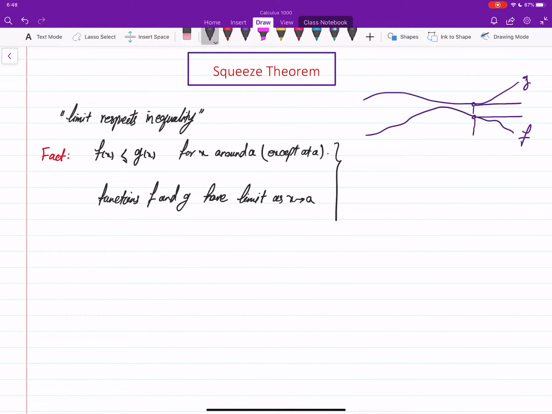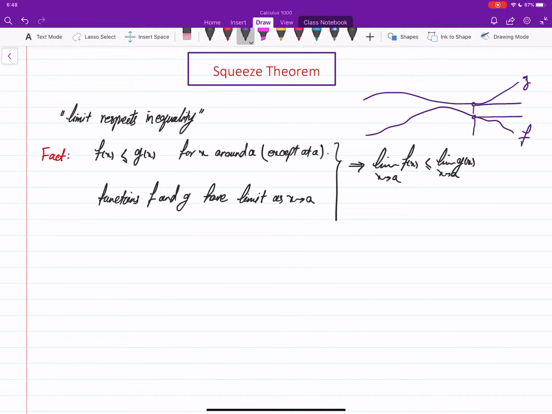In other words, here in writing it says that the limit of f of x as x approaches a is less than or equal to the limit of g of x as x approaches a. Very nice. This is the way I said it. It's just limit respects inequality.